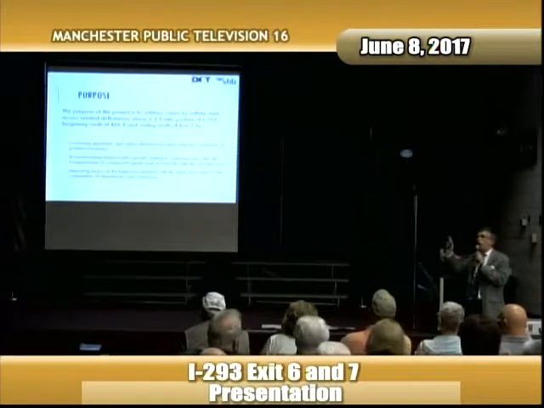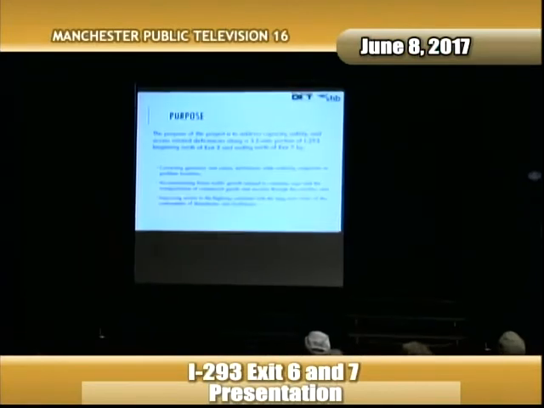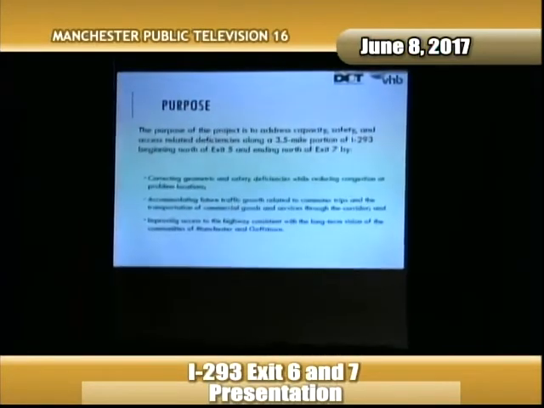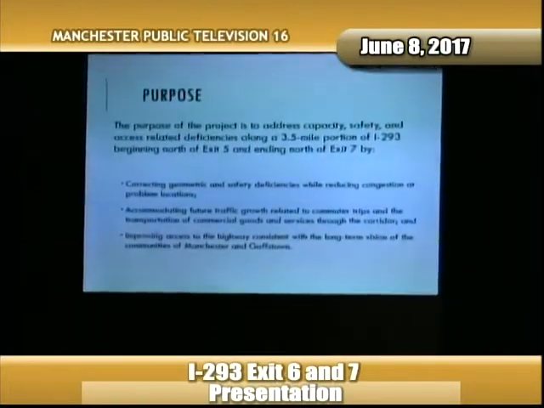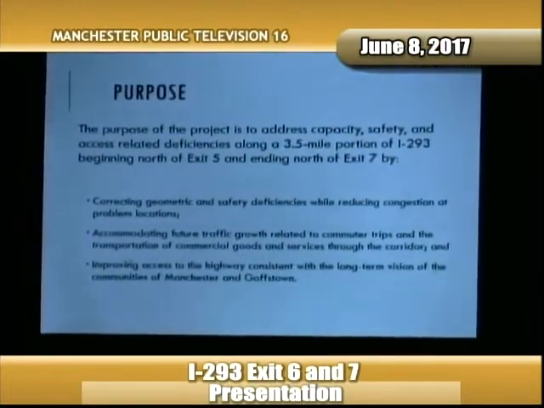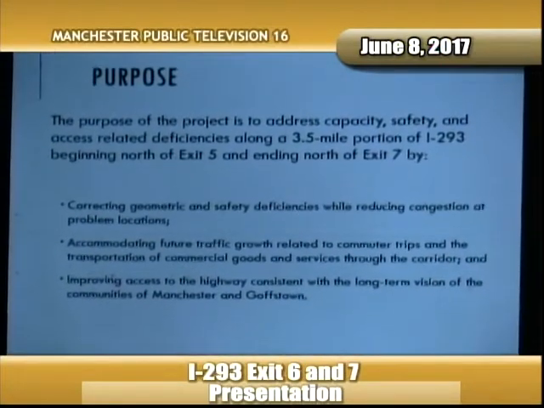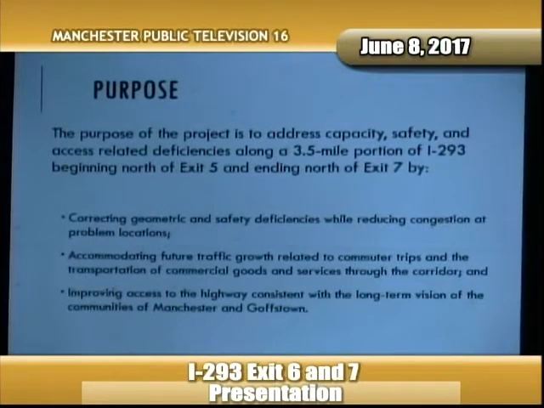Two, we're going to accommodate future traffic volume demands on the corridor. And three, we're going to improve access to the highway in a way that is consistent with the long-term vision of the communities in the area, specifically Manchester and Goffstown. When I get into the presentation, you'll understand what I'm talking about there. When we look at any of these alternatives, we're judging them against this purpose, so we need to make sure whatever we're doing meets this general purpose.